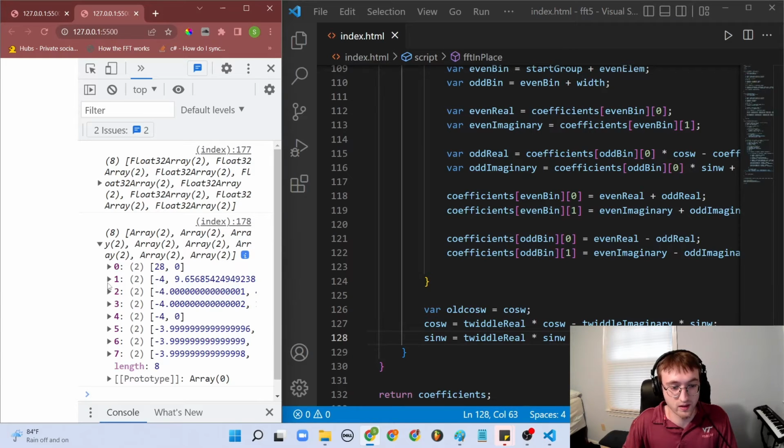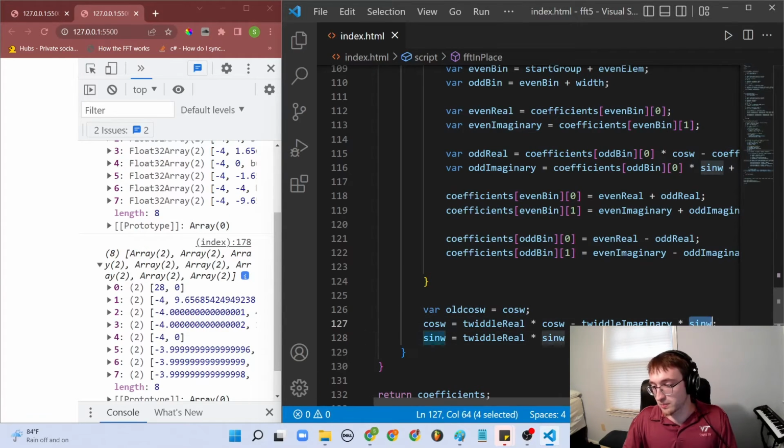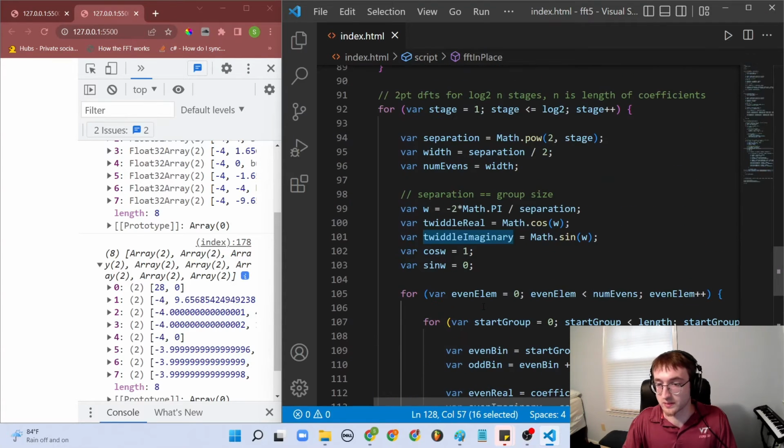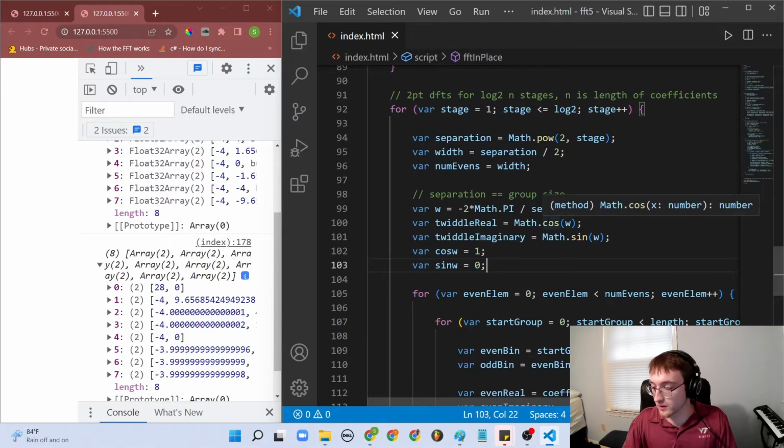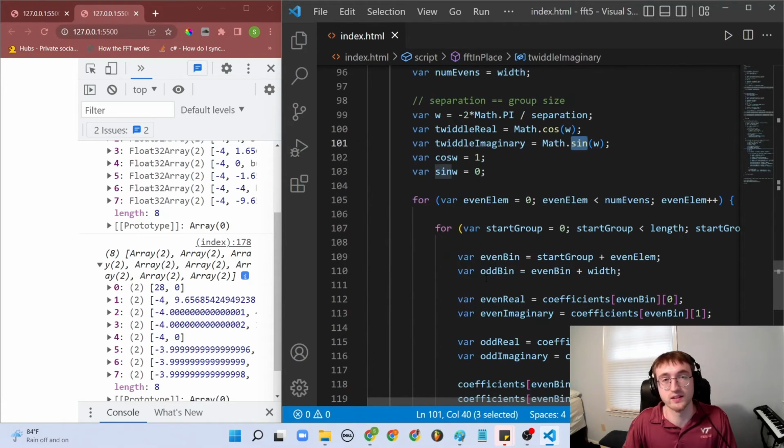And boom, believe it or not, that actually gives us the same exact fast Fourier transform. All right, so that's pretty cool, isn't it? Using this rotation technique, because now we only have one cosine and one sine calculation for every stage. Now that is a big save if you ask me.